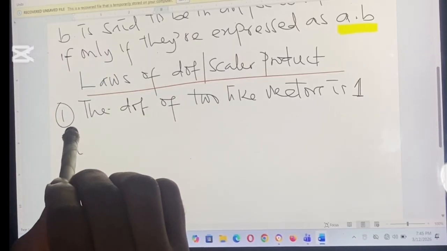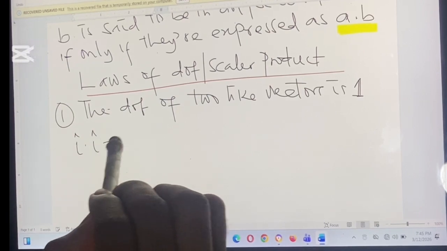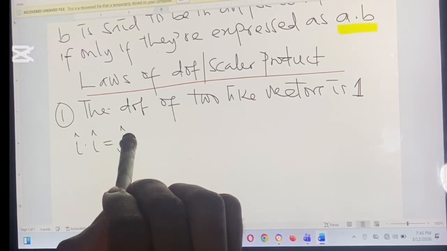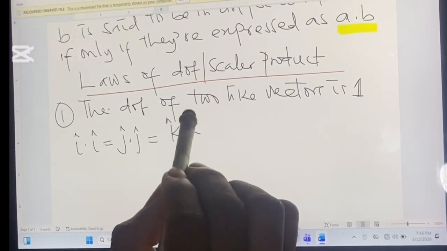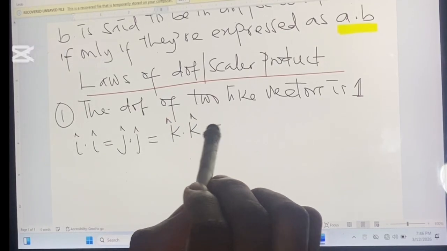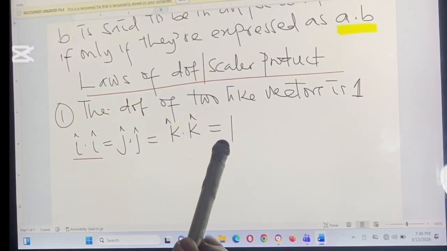It means if I have I dot I is the same as J dot J is the same as K dot K, the result of this is 1. Please take note. What does it mean? It means I dot I is the same as 1.